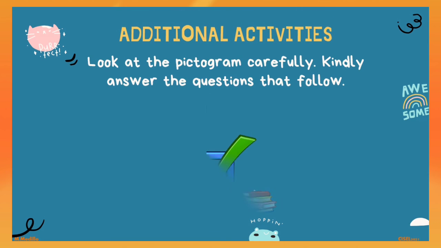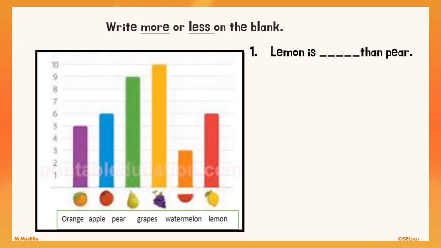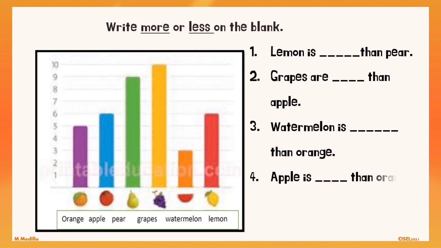You are really enjoying our lesson. For our additional activity, look at the pictogram in the next slide. Then, let us answer the questions that follow. Write more or less on the blank. Number 1. Lemon is blank than pear.